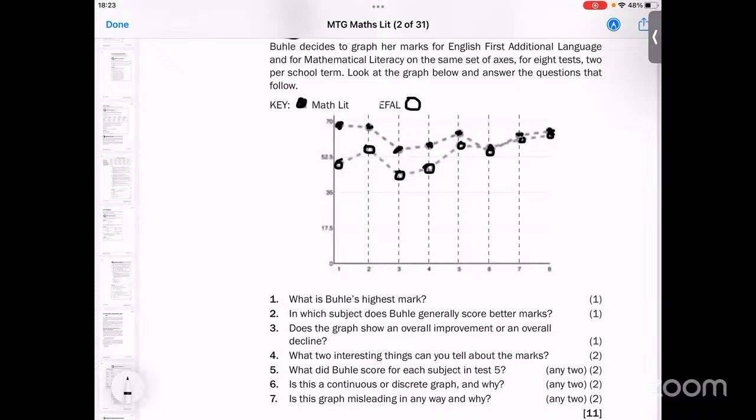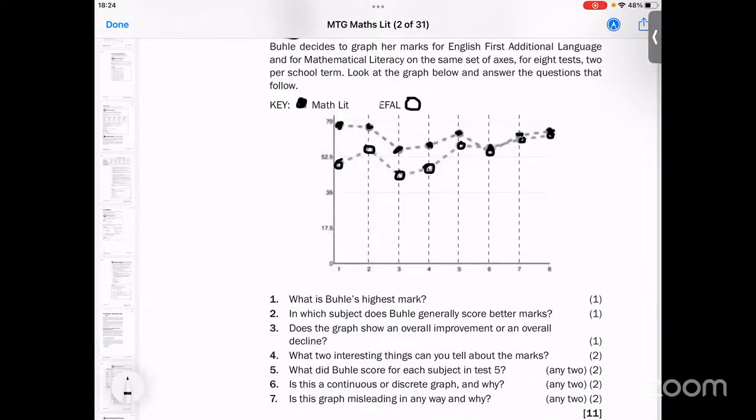So we are looking at the flying graph. Between those two graphs, which one is flying? Definitely the one which is flying, I think it should be one where we can confidently say the honorable member is generally scoring better marks. So does the graph show an overall improvement or an overall decline?